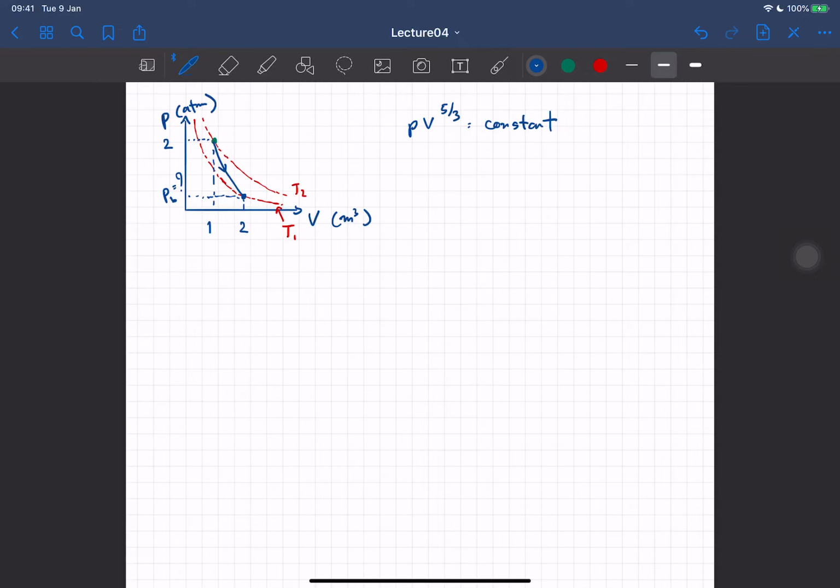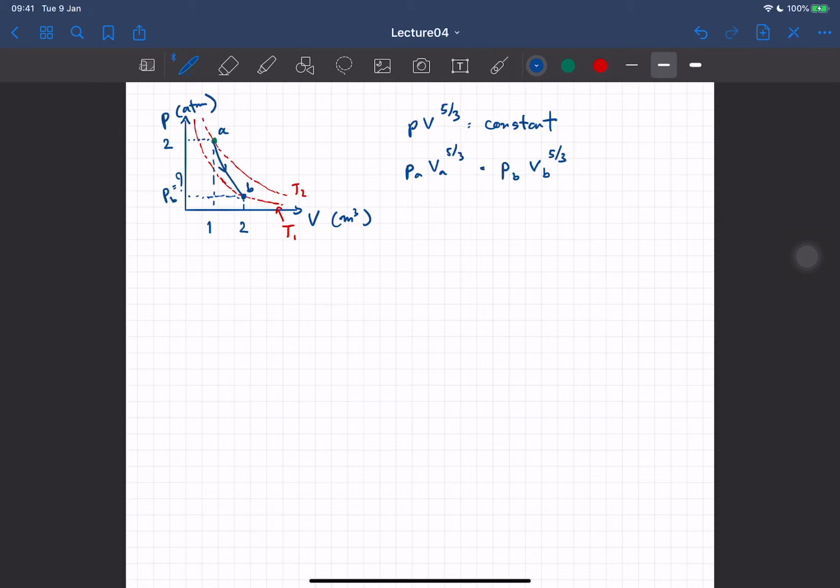If I label the first point A and the second point B, then I write P at A times V at A to the 5/3 power equals P at B times V at B to the 5/3 power.